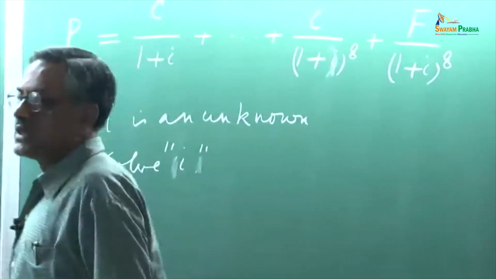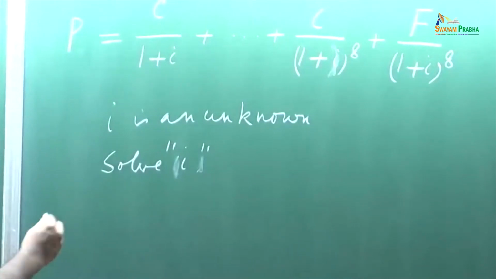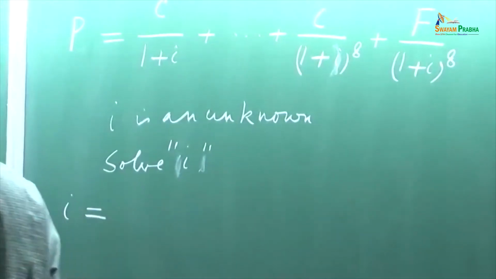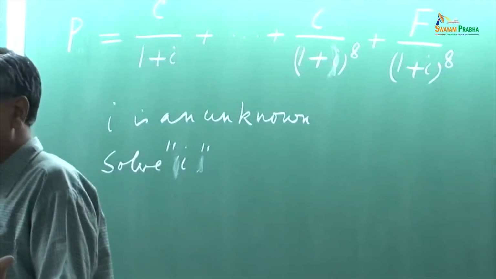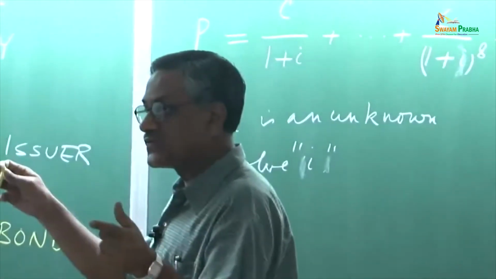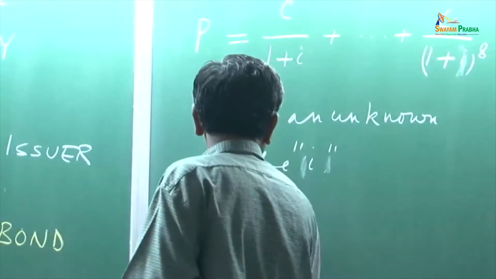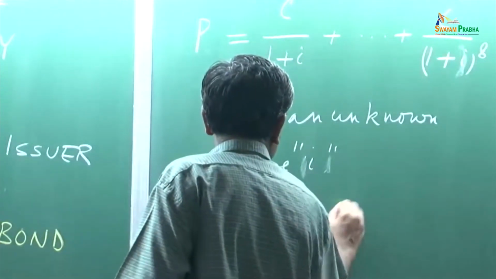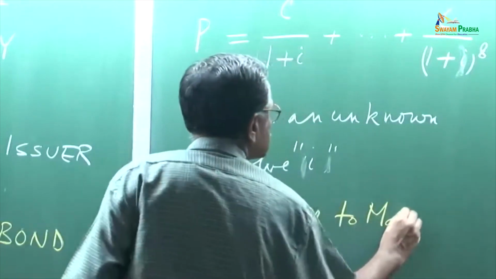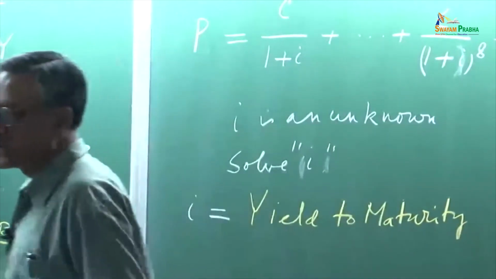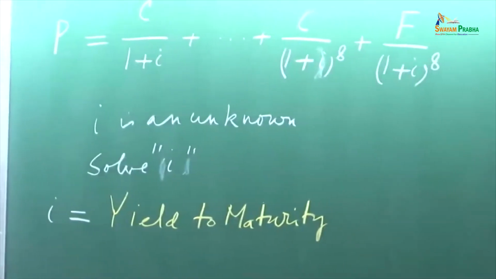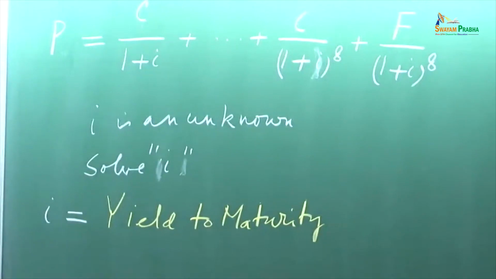This I, which you will now hear a lot on TV, is the famous interest rate in the secondary market, or even in the primary market, that you can calculate for the entire length of the bond, called yield to maturity. Now, this is a very simple calculation of the yield to maturity. There can be more complex calculations of yield to maturity. Yield means a return till maturity, basically it means till it matures.